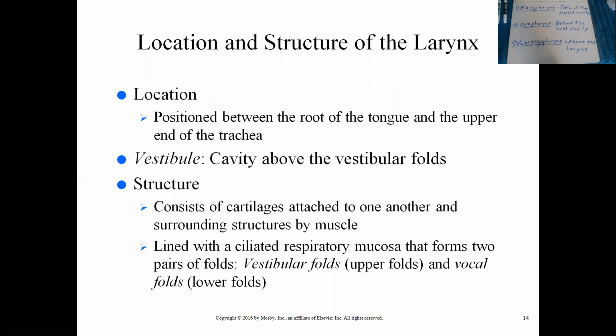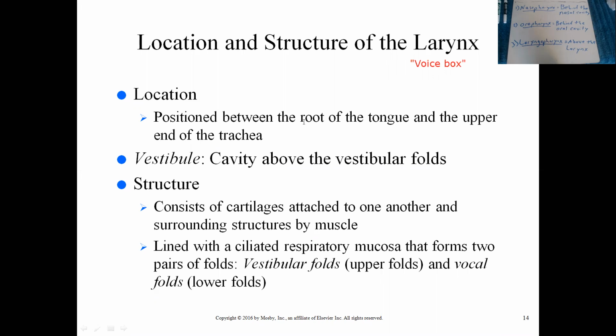And we'll look at the anatomy. First off, if you haven't heard of the larynx before, the larynx is also called the voice box. It's in the neck, the front of the neck.